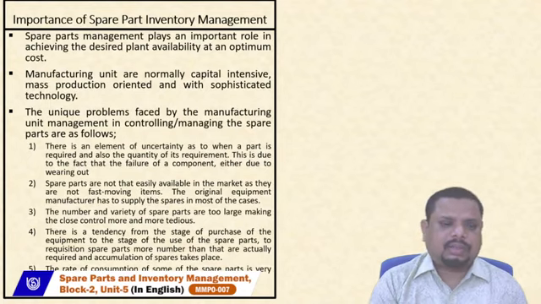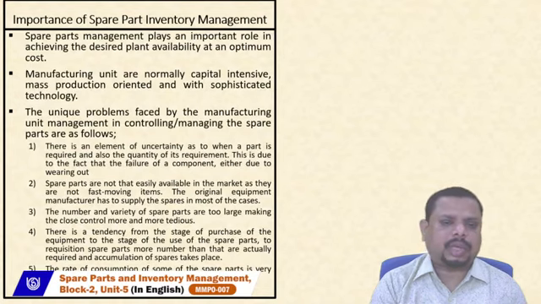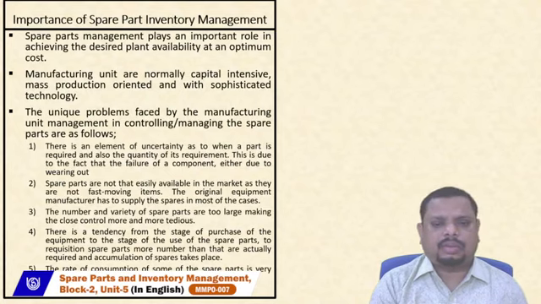The next is that there is a tendency, from the stage of purchase of the equipment to the stage of use of the spare parts, to requisition more spare parts than actually required, and accumulation of spare parts takes place. For example, if your motorbike requires two tires and you purchase one extra tire, there is no use for that tire for at least 4 to 5 years.